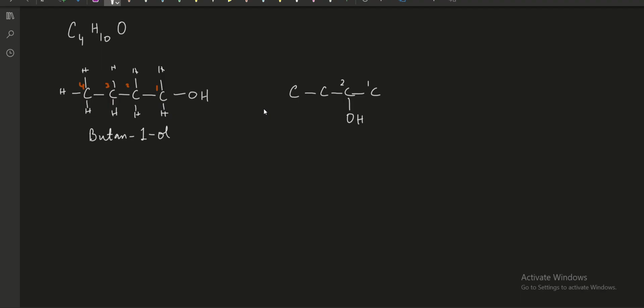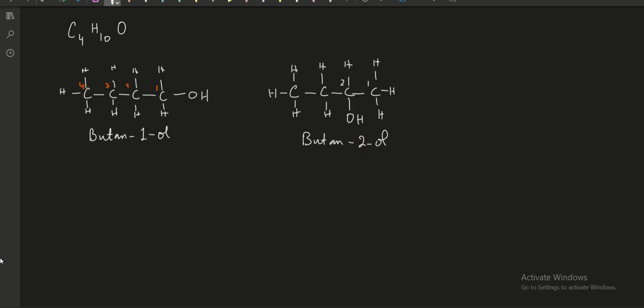Again it will make 2-butanol. Now we can just write hydrogens, 1, 2, 3, 4, 5, 6, 7, 8, 9, and then this is the 10th one. Now its name would be butan-2-ol.